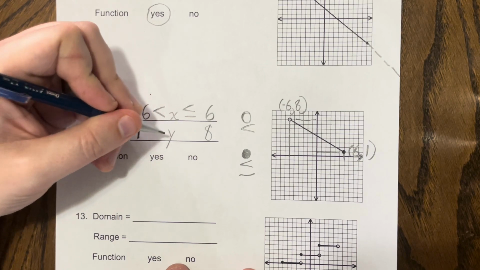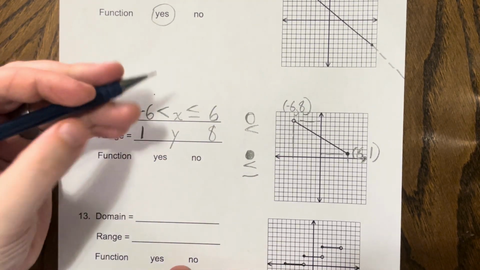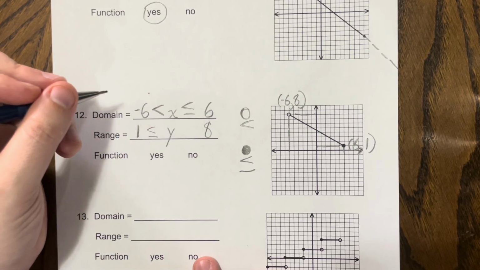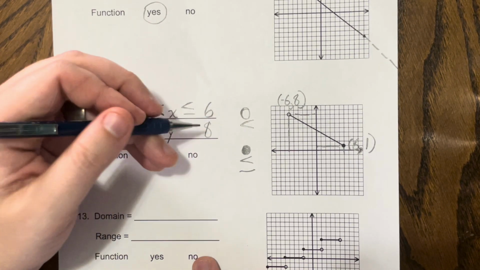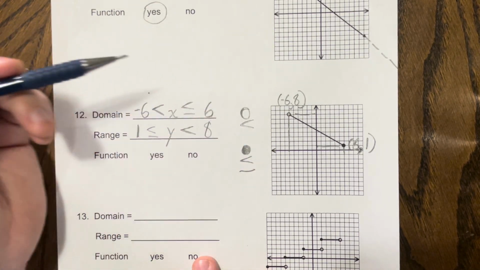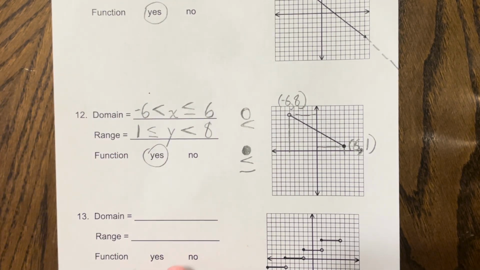Again, that's continuous. And so we'll look, this dot where 1 is closed in, so that means it would be less than or equal to. And then up at the 8, it's open, so just less than. And we check our vertical line test to see if it's a function, and we can say yes, that most definitely is a function.